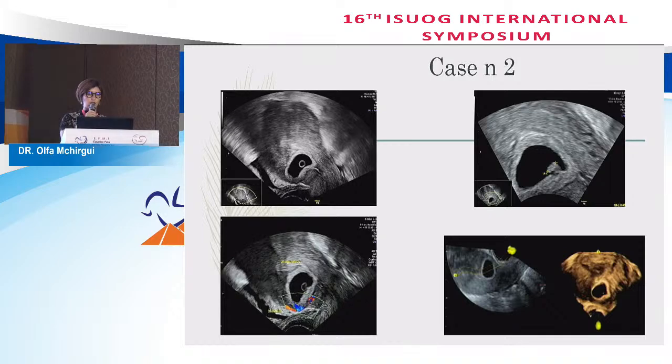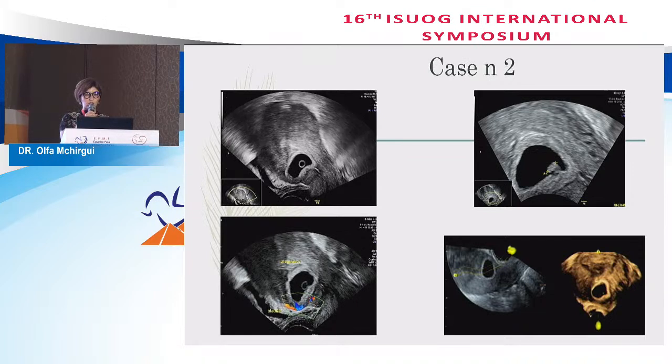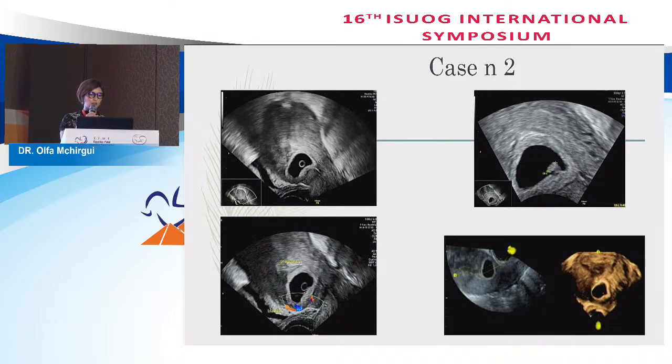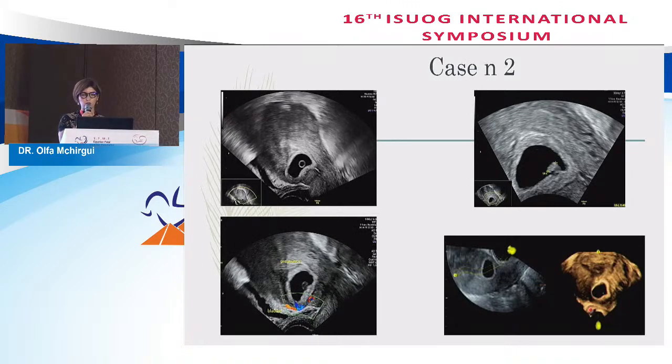A low-lying sac, positive cardiac activity, an evolutive pregnancy with a crown-rump length of 4 millimeters. And in the Doppler mode, you can see here the hypervascularization between the bladder and the myometrium with a reduced myometrial thickness here. And in the 3D, we can see clearly that the uterine cavity is empty and a low-lying sac below here. So the diagnosis of cesarean scar pregnancy was maintained.